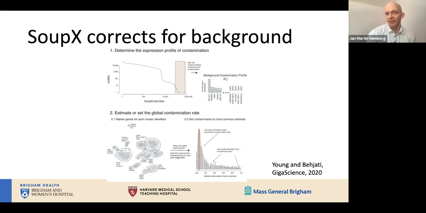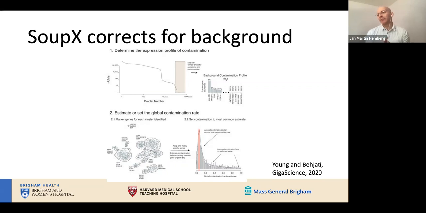So the first method that tried to correct for this background and identify the ambient RNA is called SoupX. And what they do is that they look at the very far end of this tail here of the droplets that contain the fewest UMIs, and then they assume that corresponds to the soup, and then they build a model of the soup, and then they try to subtract it from the other cells.